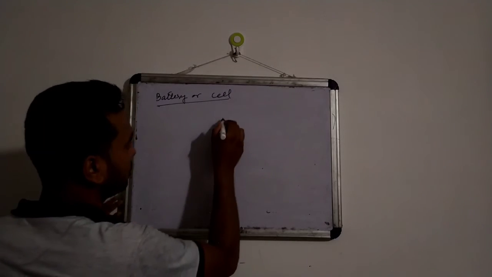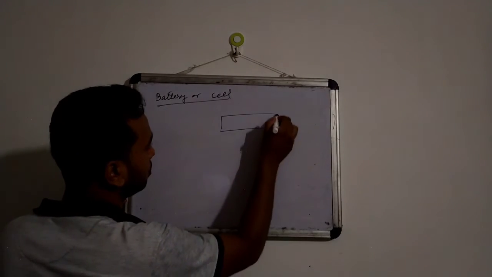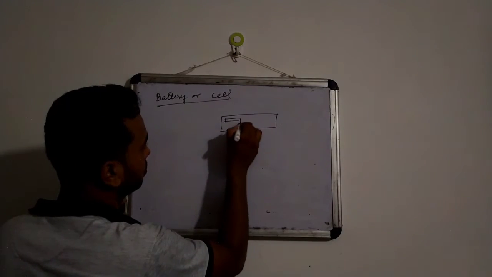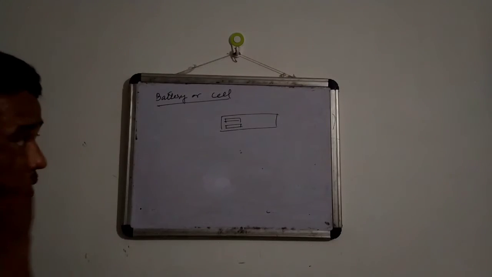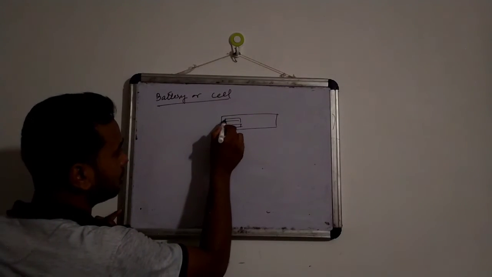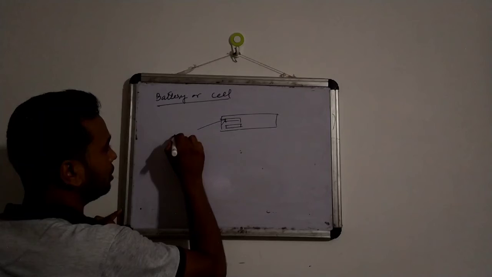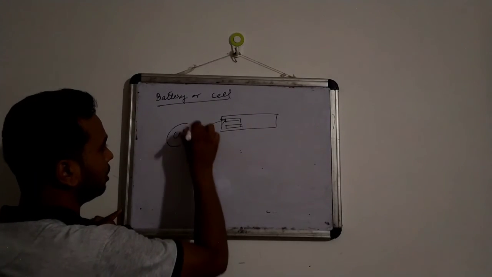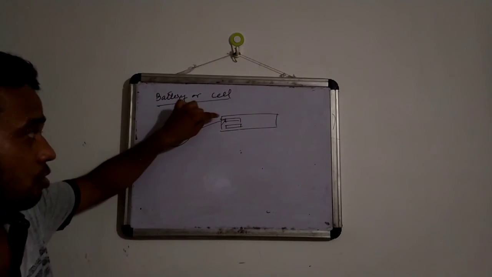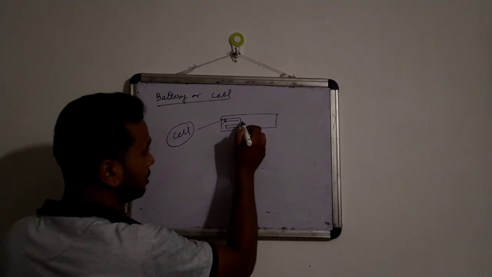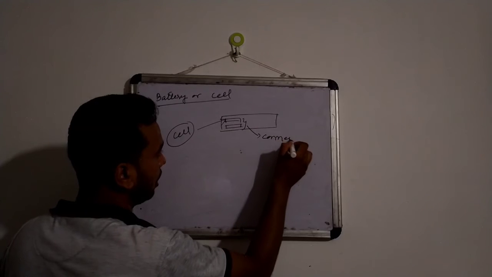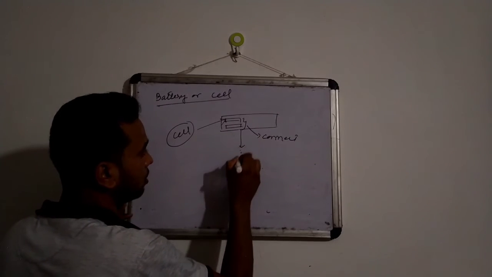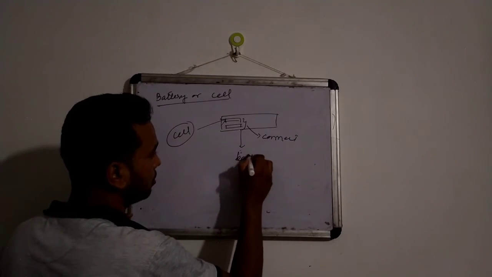Just like suppose this is your TV remote and there are two cells like this. Okay, if we connect these together, then it is called a battery.